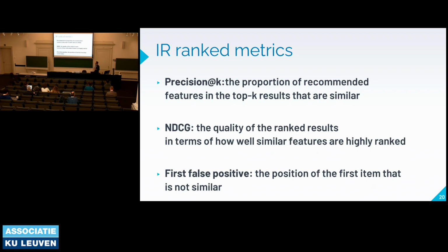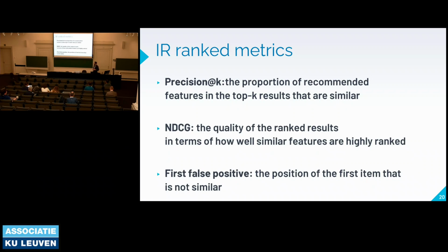NDCG measures the quality of the ranked results in terms of how well they are ranked in the recommendation. So if we have those features rated with a 3 or 2 in the first results, then NDCG will have a good result.